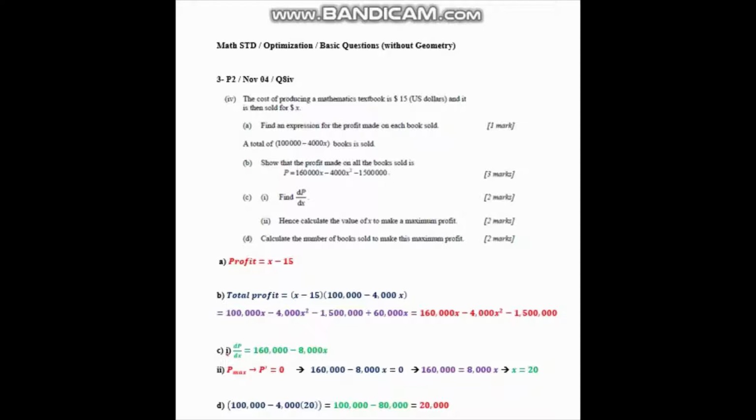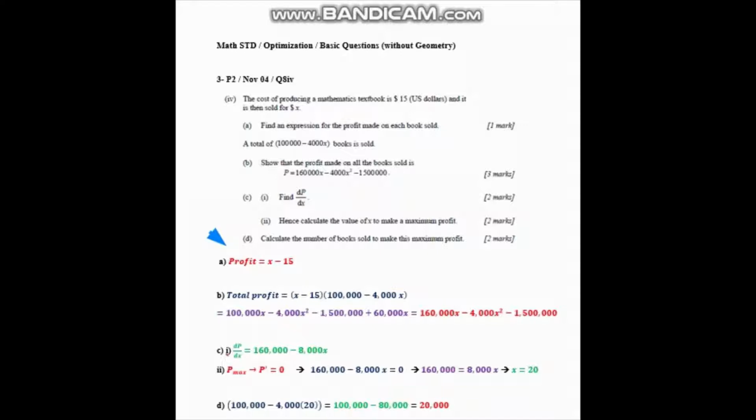In question A, we are required to find an expression for the profit made on each book sold. So profit equals selling price minus cost. Hence, the profit here is equal to X minus 15.